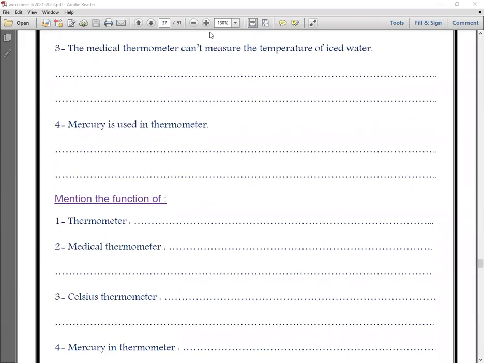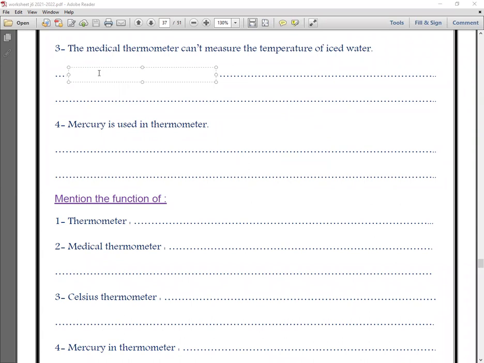Number 3, the medical thermometer can't measure the temperature of iced water. This question is very, very important. Why? Because the range of the medical thermometer is from 35 to 42, but the temperature of iced water is 0 Celsius degree.